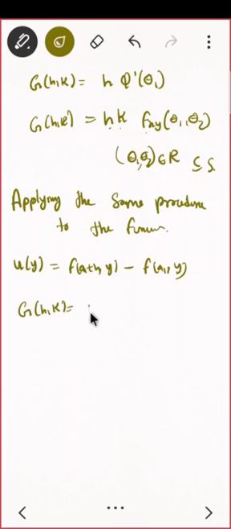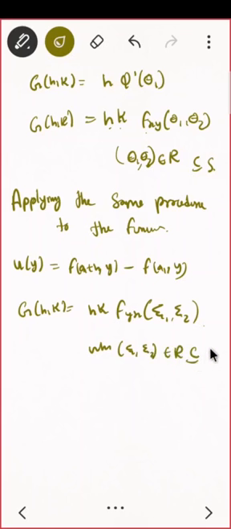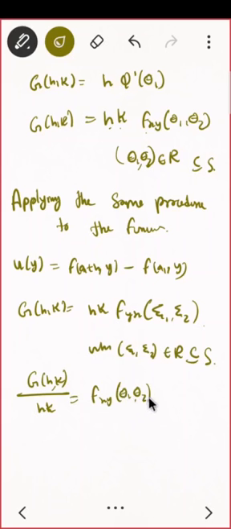It will be h into k fyx at some point xy1, xy2, where xy1 and xy2 belong to r, that is in s. Correct? Definitely. Now what is g of hk upon hk? From here it will be fxy of theta 1 theta 2, which is the same as fyx. That is also g of hk upon hk, fyx at theta 1 theta 2.